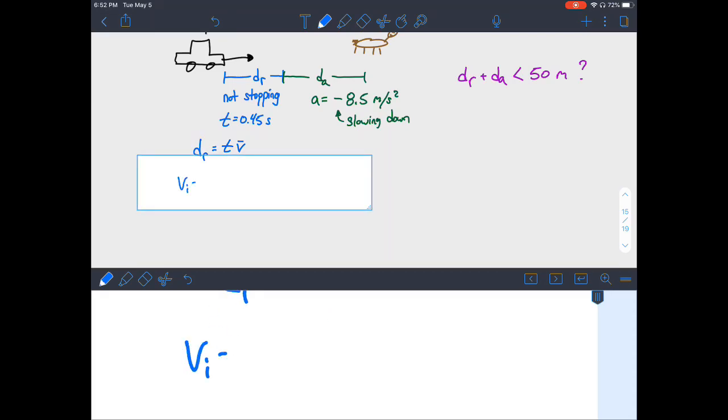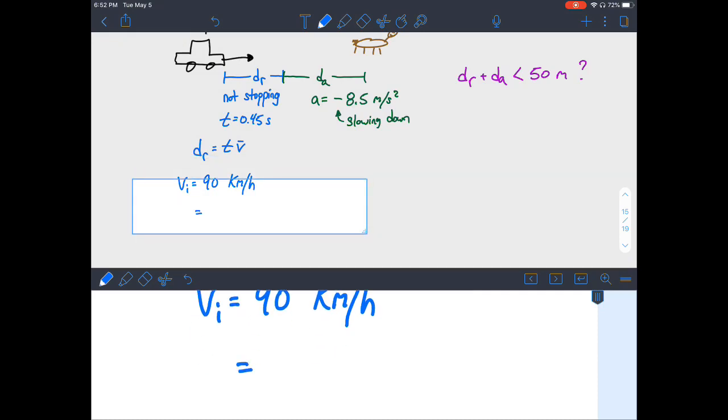Okay, so this first one, reaction time, pretty straightforward. Our initial velocity is 90 kilometers per hour, which, if we do a quick calculation here, is 25 meters per second.